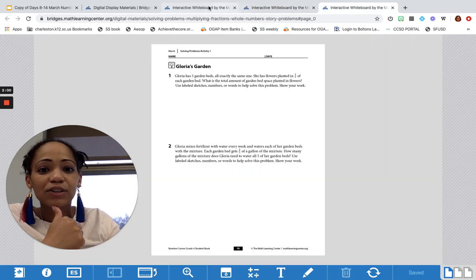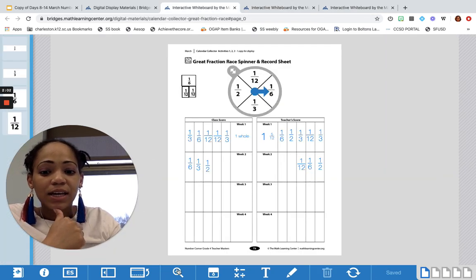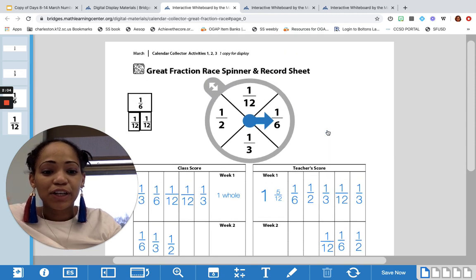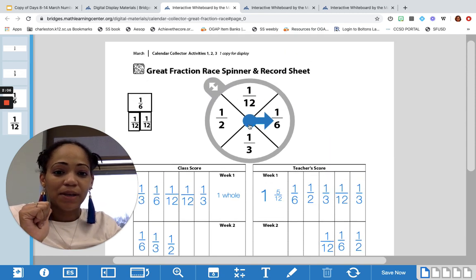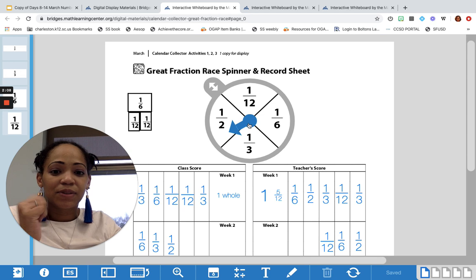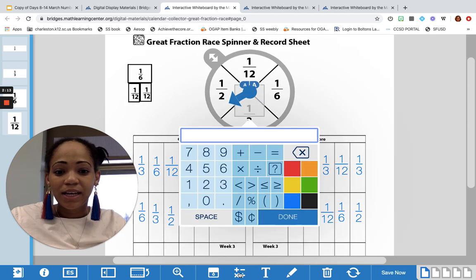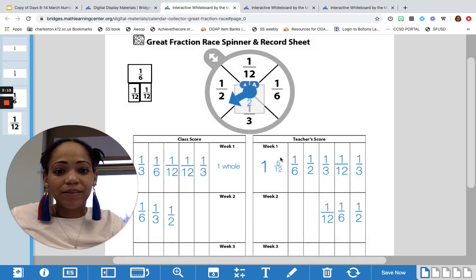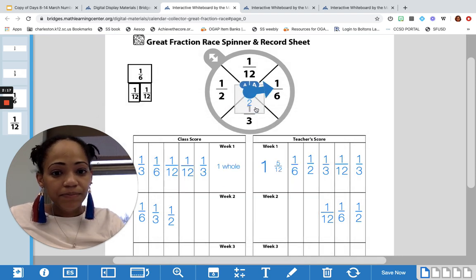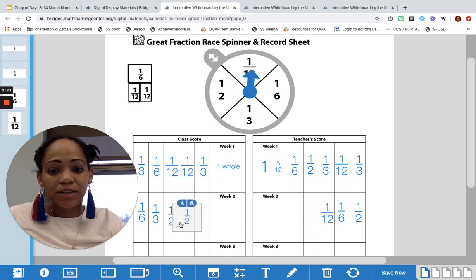Let's look at our calendar collector, and we're going to spin first for you, second for me. Here we go. You guys got a half. Wow, look, you got 1 half twice in a row. Not sure how I feel about that, but that's okay. Oh, and it looks like I just spun for myself on accident. Okay, I'm going to just respin for myself.